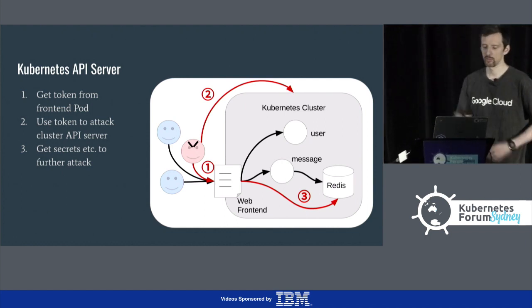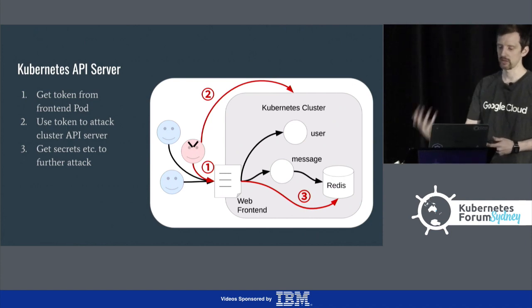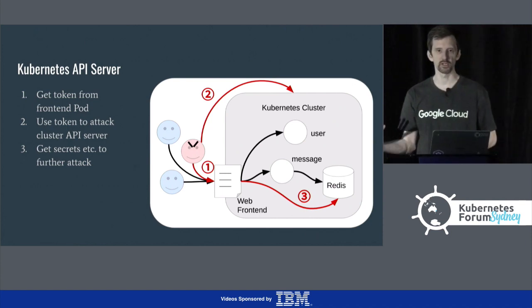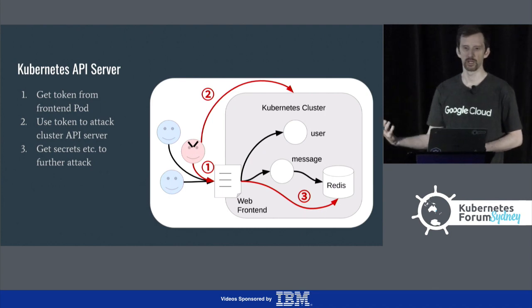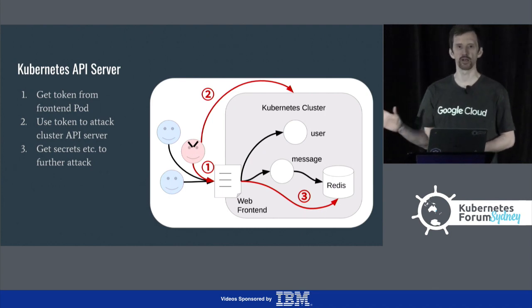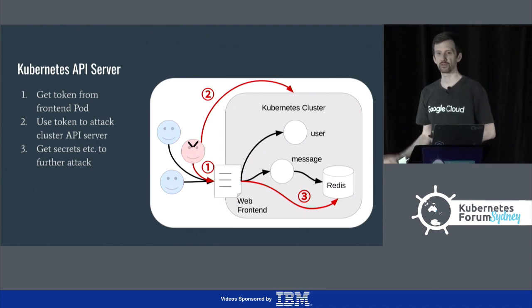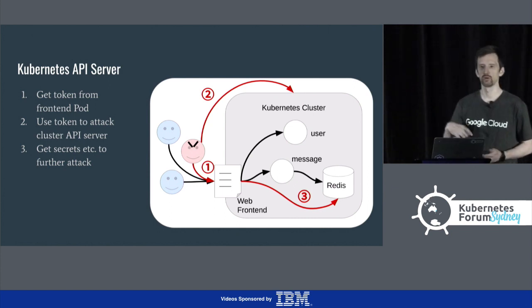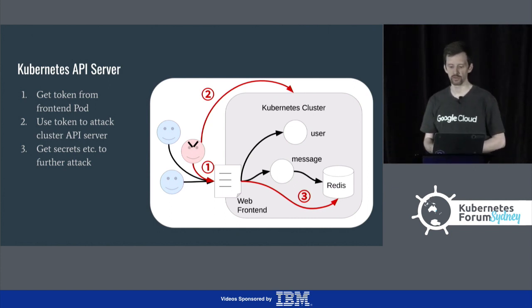So one thing you might do, if you're able to use a vulnerability in the front end, say the front end allows you to read an arbitrary file off of the file system, is read out that token and then use that to attack the Kubernetes cluster.